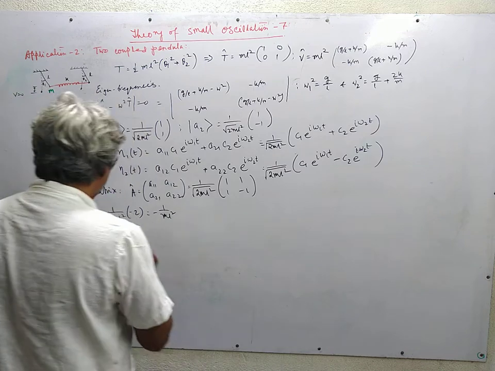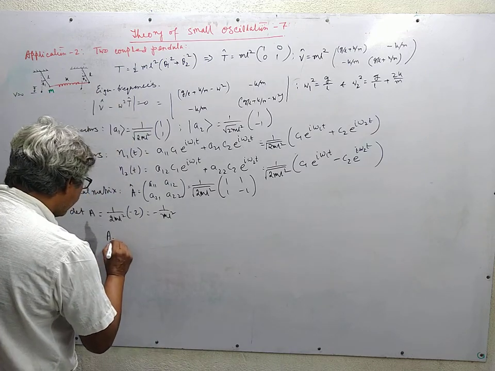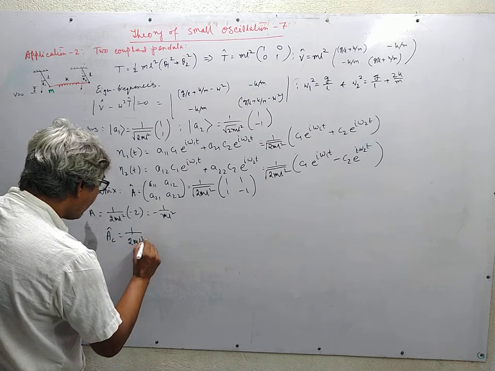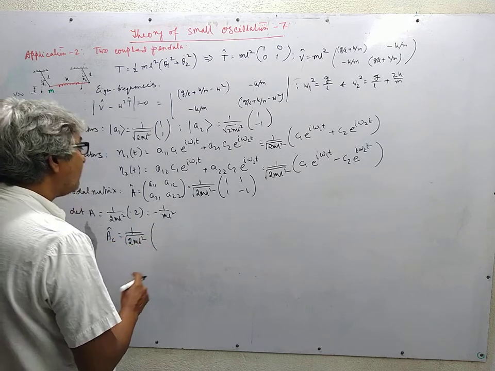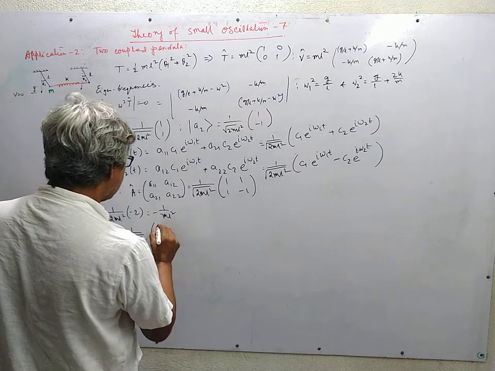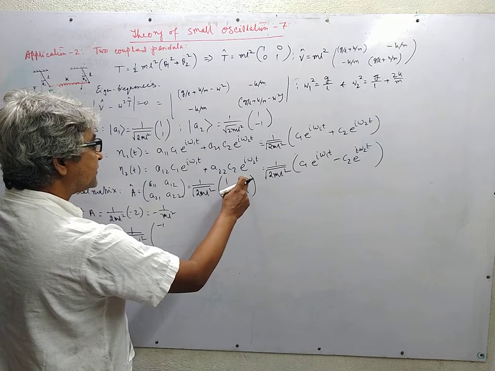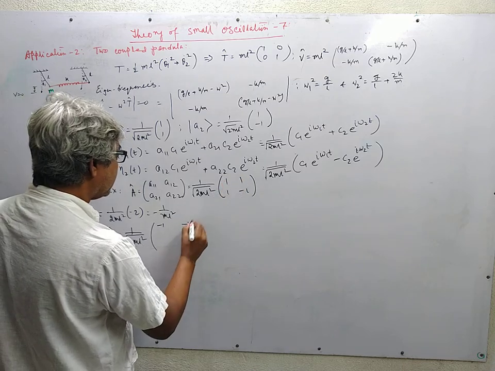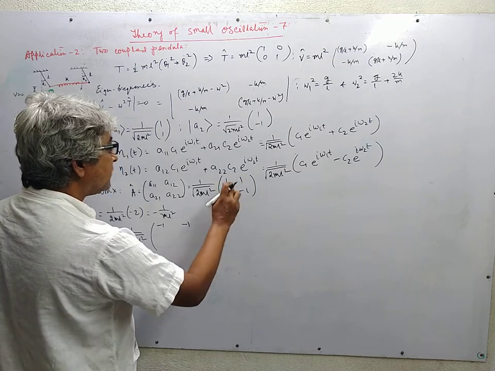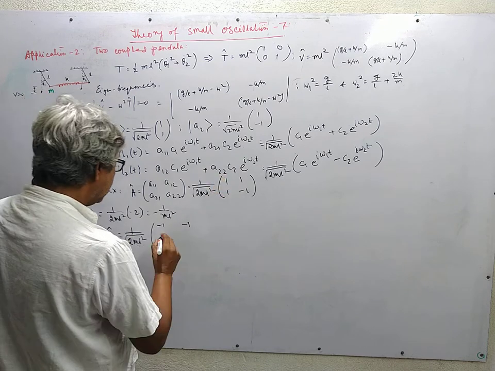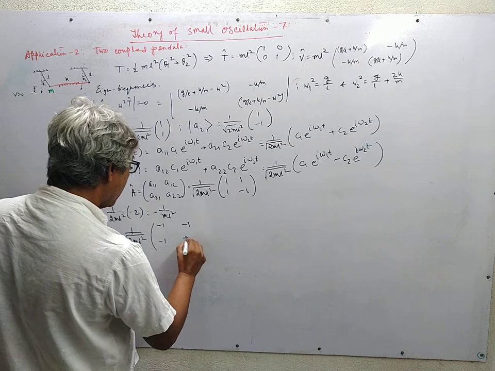We then form the cofactor matrix. For this element, if we suppress this row and column, this is 1, but minus 1, then this is minus 1, this is plus 1.